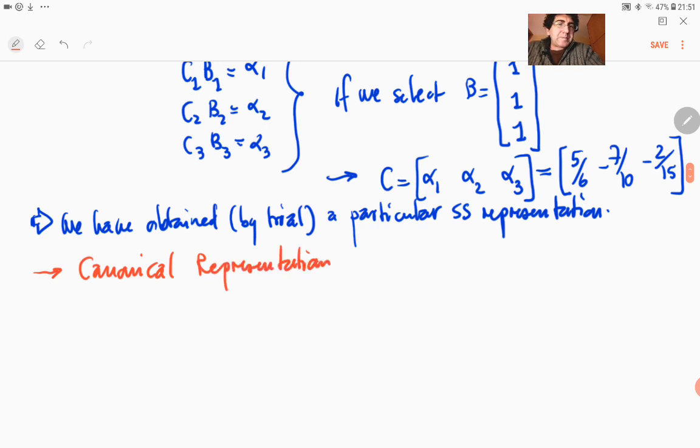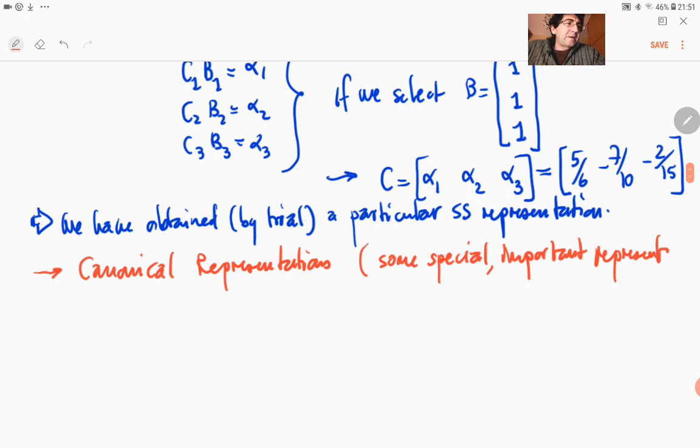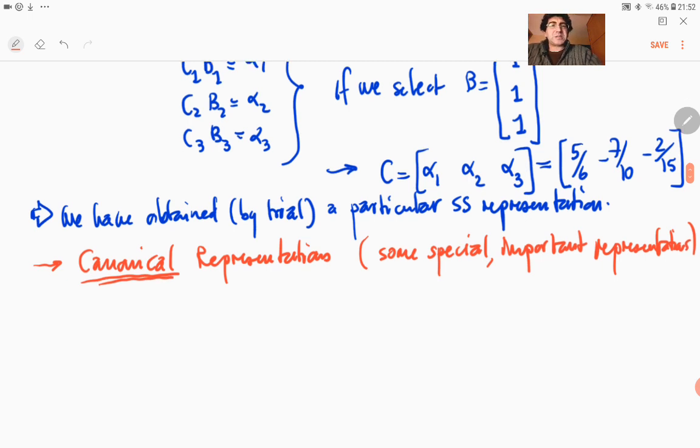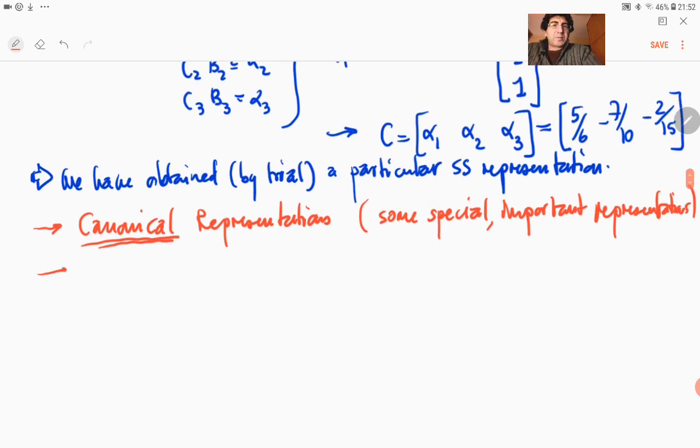With canonical, what we mean is that some special important selections or representations. We already have stated that we might have infinitely many representations, but therefore what becomes important is these particular canonical representations. Now what we have obtained is one of them.